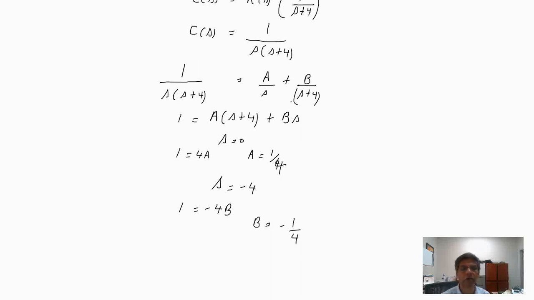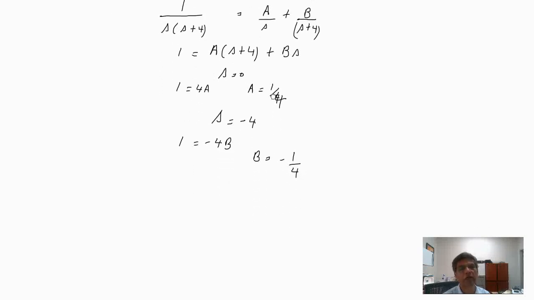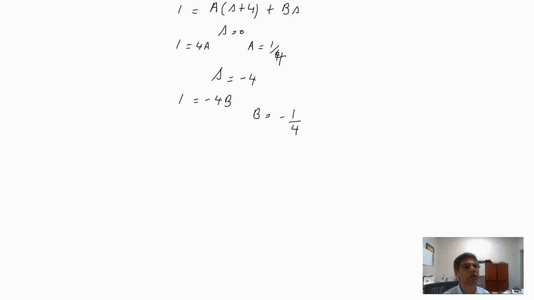Now it's just a matter of plugging the stuff in. Plug and chug here: the value of A is 1 over 4 and B is minus 1 over 4. So C of s is equal to 1 over 4 times 1 over s minus 1 over 4 times 1 over s plus 4.